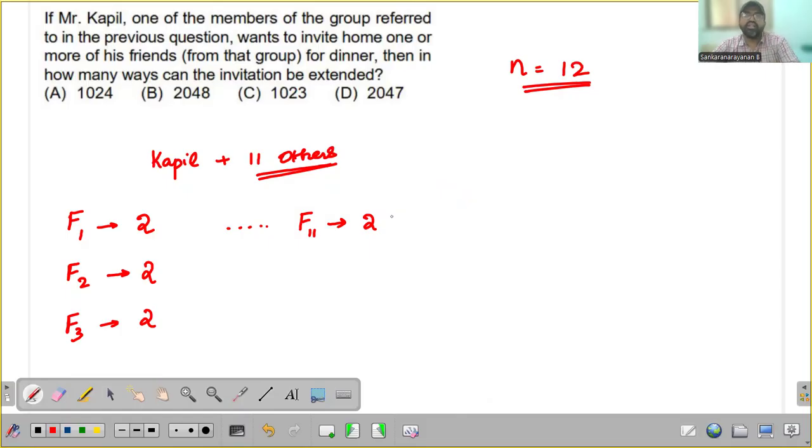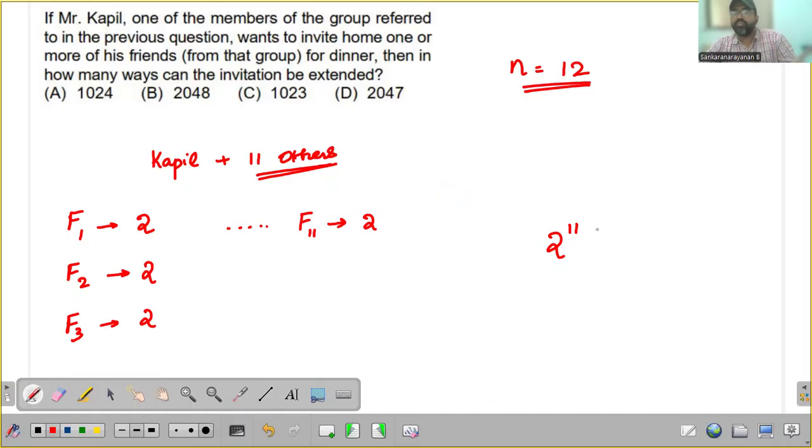So when you consider the total number of ways Kapil can handle all these 11 friends, you know how much it will be? That will be equal to 2 into 2 into 2 into 2 and so on, 11 times. So the total number of ways will be equal to 2 power 11. Now, in this 2 power 11, there is one possibility that none of those 11 friends are invited.